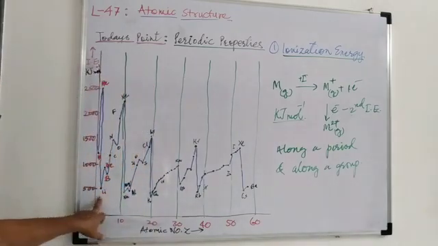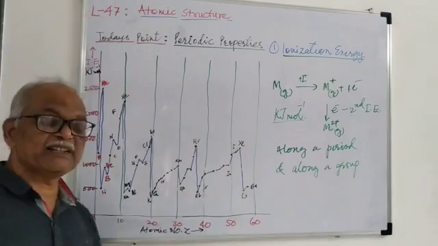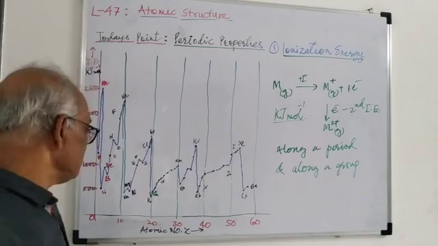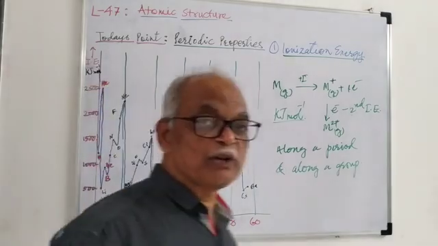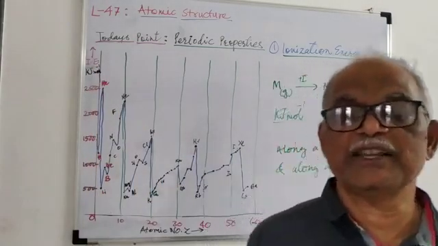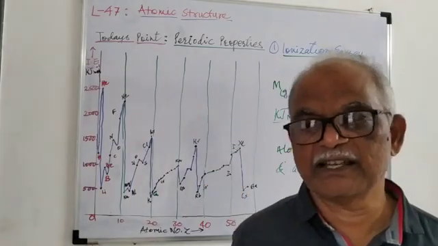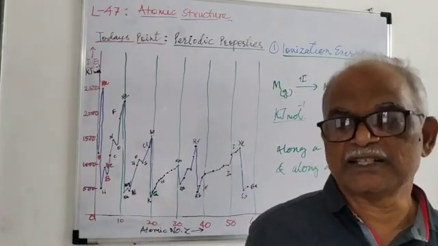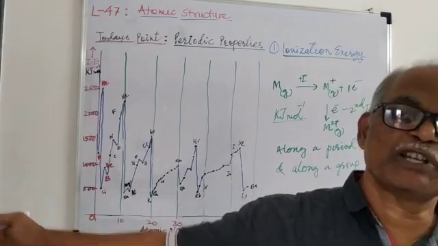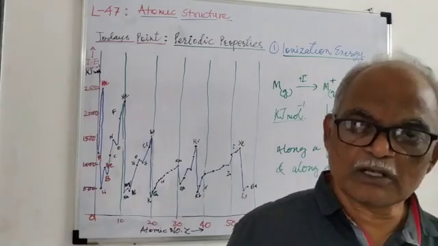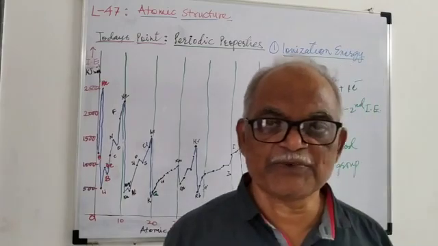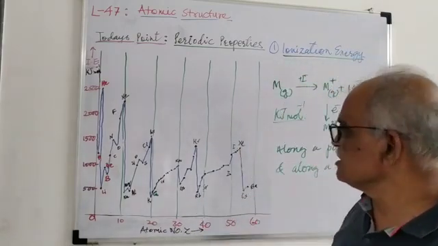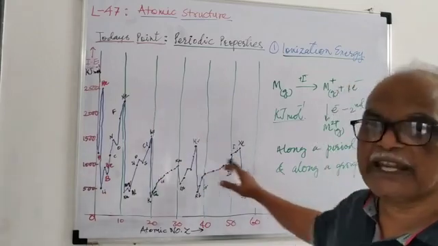Similarly in case of alkali metals, you will also find that there is a gradual decrease in the ionization energies. So in every group you will find a gradual decrease in ionization energies because the distance between the nucleus and the outermost electron goes on increasing, and that is why the lowering of ionization energy is observed in every group.